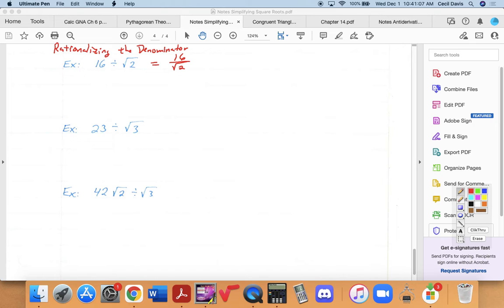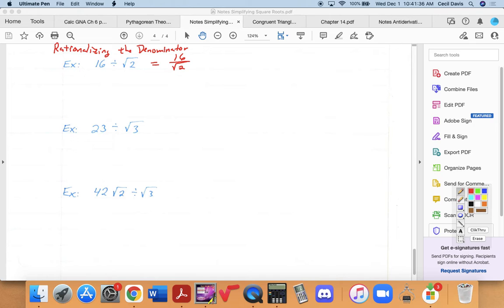All fractions, where you have a whole number over another whole number, are rational numbers. All decimals where it ends eventually or it's a repeating decimal are rational numbers. But the square root of 2 goes on forever. It starts off 1.414 and then it goes and goes and goes. There is no end.